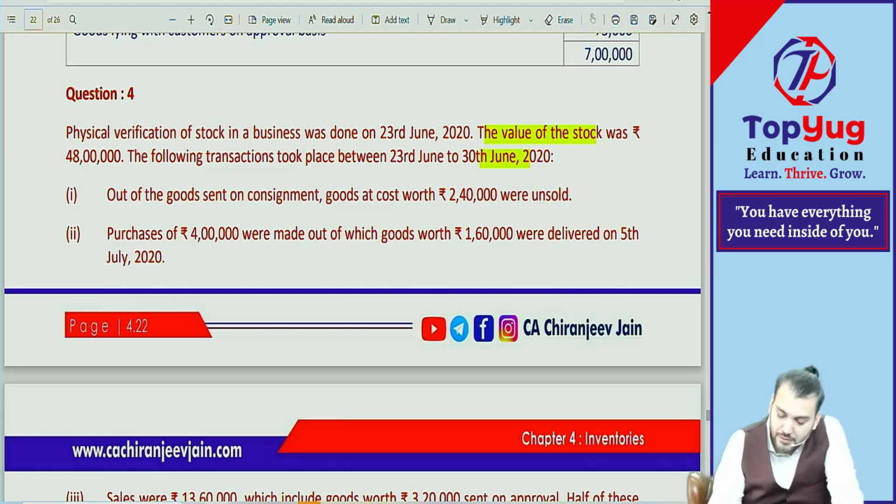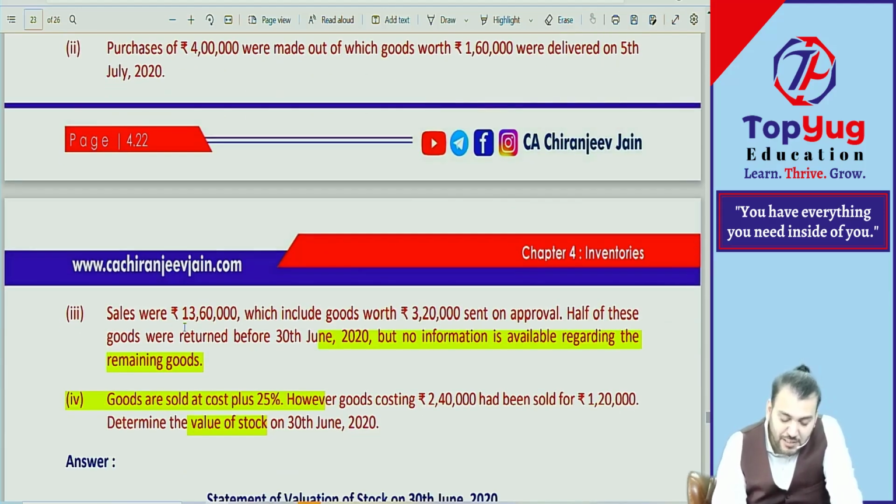Correct. Then the next point. Sales were 13 lakh 60,000, which includes goods worth rupees 3 lakh 20,000 sent on approval. Half of these goods were returned before 30th June. So can I say half of these goods were returned?